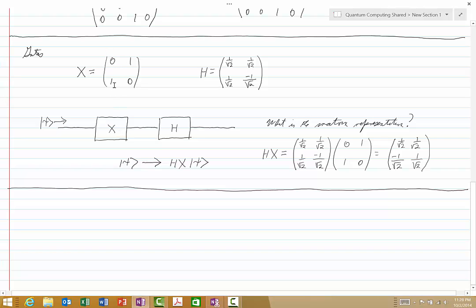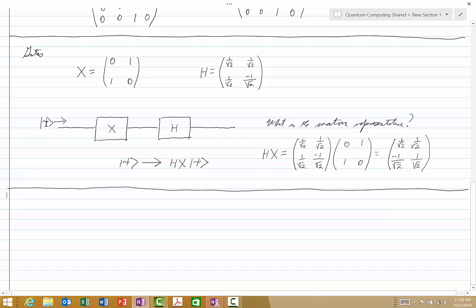Remember, X takes the 0 ket to the 1 ket. So the 0 ket would go to the 1 ket, so we'd have the 1 ket here, and then H takes the 1 ket to the minus ket. So sure enough, overall, when we have the 0 ket coming in, we have the minus ket exiting, which is consistent with the fact over here that the minus ket is the first column.